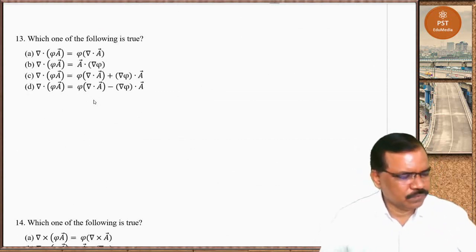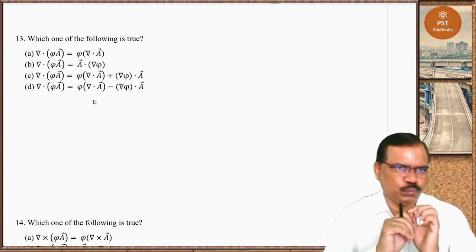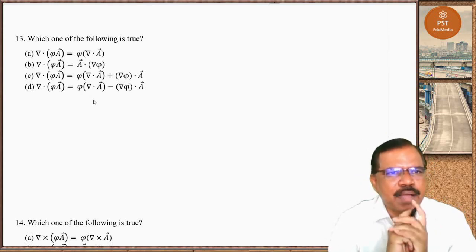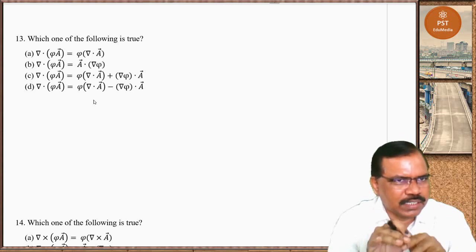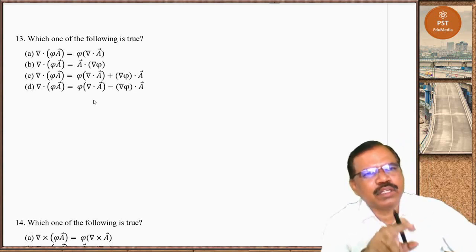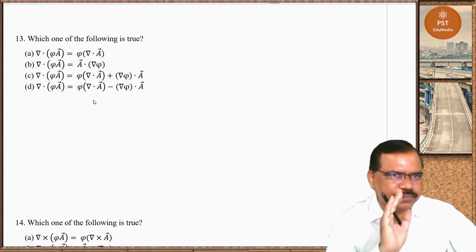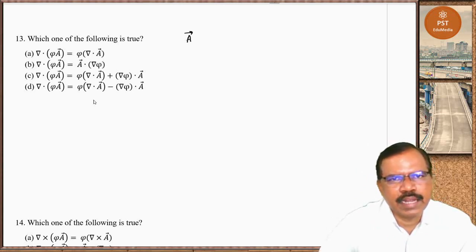So now next one, which one of the following is true? So del dot phi a, phi is scalar. Four identities are given, meaning in each alternative we have to find del dot phi a. So out of these four, which one is it? So a is a vector.